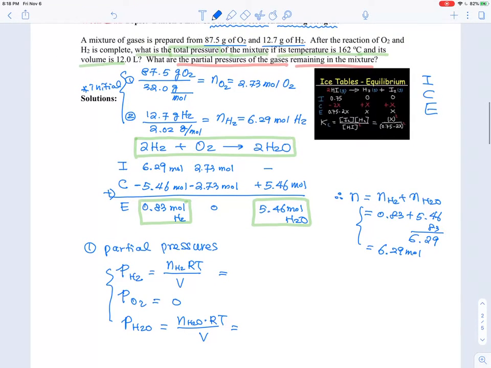The tricky part is now using this notation. The temperature is 162 degrees C plus 273, which makes it 435 Kelvin. You want to use the temperature in the unit of Kelvin, and the volume is given here. And I guess the pressure will have the unit of ATM, atmospheric pressure.